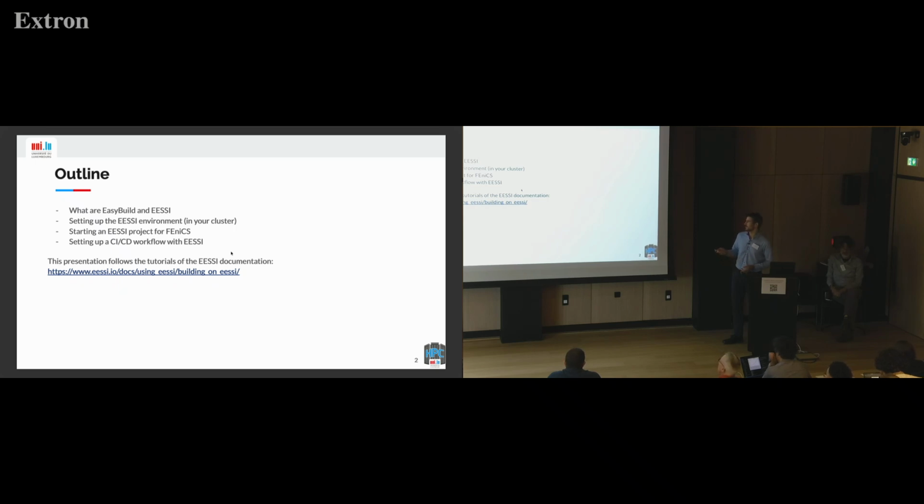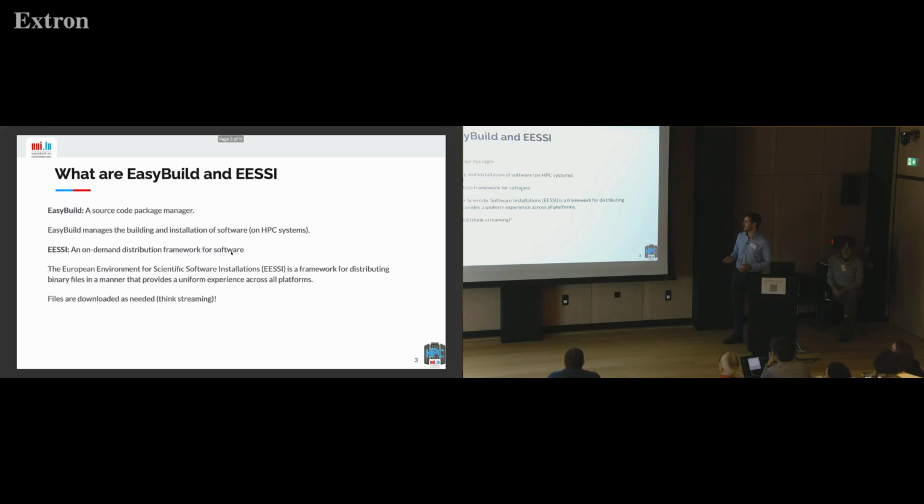This follows some generic documentation for EasyBuild, where you can see how you can set it up and how you can start compiling things with it. Some quick revision for those who were not here this morning. We have EasyBuild. It's a source package manager. So it's basically a way to manage and install software on your machines from scratch, from the source code.